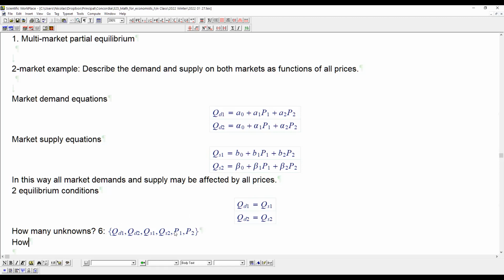How many equations? So that's an easy question, 6, of course.